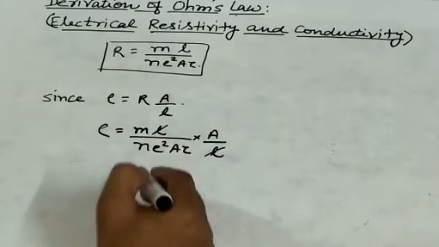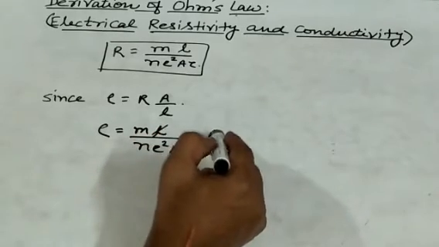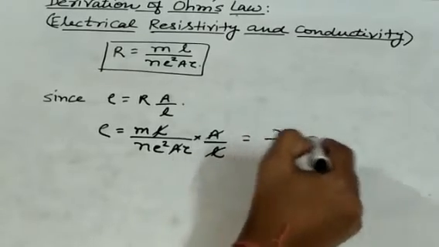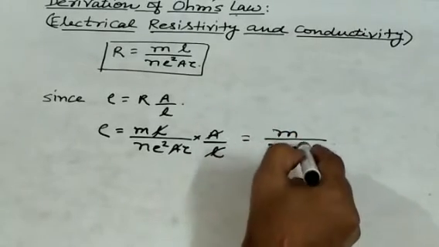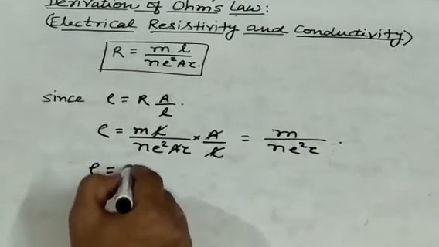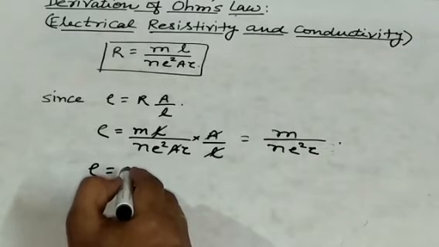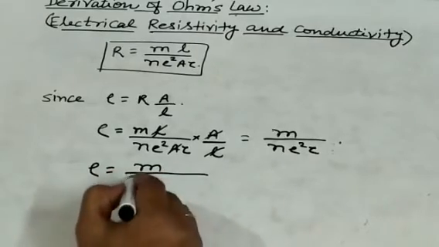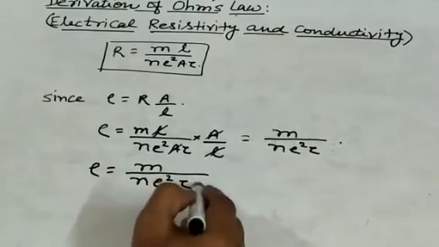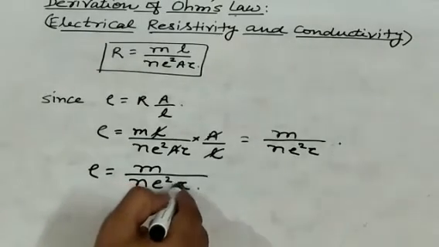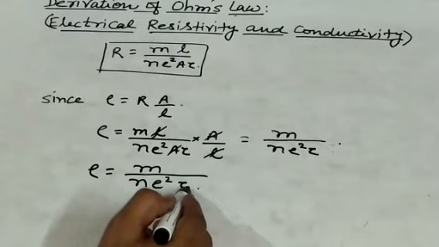Now L is cancelled by L, and A is cancelled by A, and now we will get here M upon NE square tau. It means the specific resistance or resistivity can be given in terms of material parameters like rho is equal to M upon NE square tau. Now mass of the electron is constant, charge is constant, and average relaxation time is constant at a constant temperature. If the temperature is constant, then tau will also be constant.